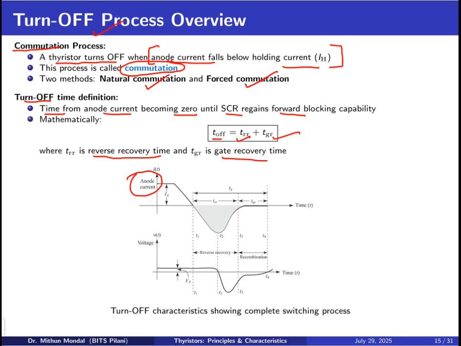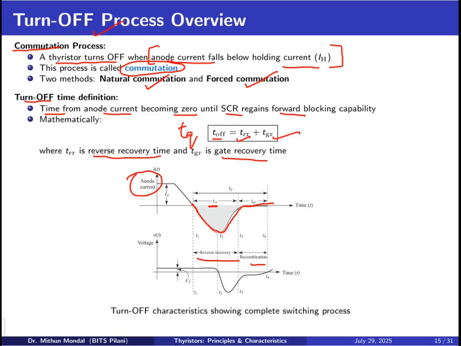This time PQ, which is the off time, is the summation of TRR plus TGR. First the anode current will fall, then regain back, and then it will settle down. This is because of the different charges of the reverse recovery and recombination process taking place in the VI characteristic, due to which you cannot turn off the thyristor instantly.